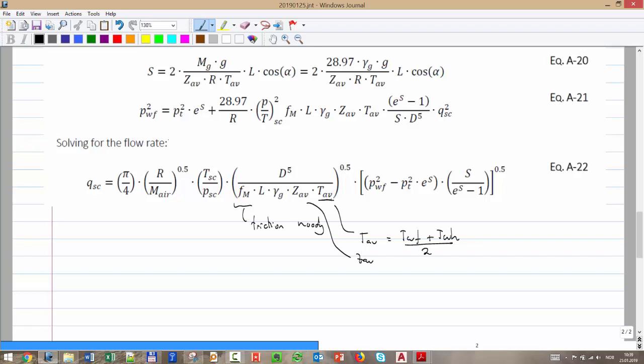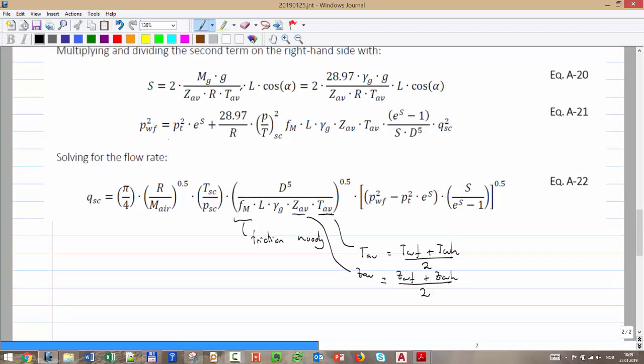Because of that substitution I also need an average deviation factor, which is the deviation factor at the bottom hole plus the deviation factor at the wellhead, divided by 2. All the rest are constants. Alpha is the inclination of the pipe with the horizontal.